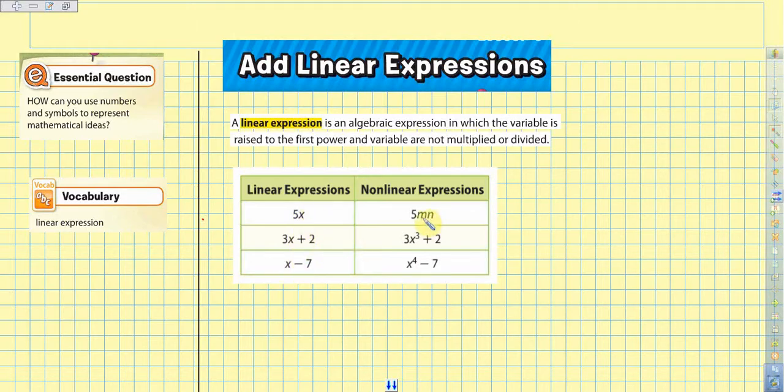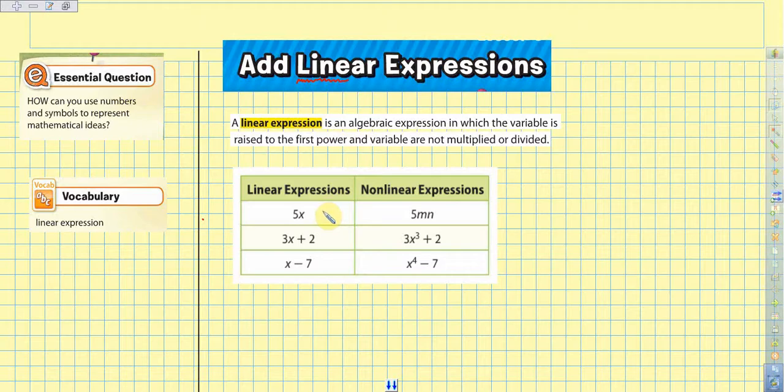Over here we have a variable multiplied by another variable. That'll make it nonlinear. You have x to the third, that's nonlinear, and you have x to the fourth. Basically, a linear expression, if it was in the form of an equation, would make a line. You could see the word line in the word linear.